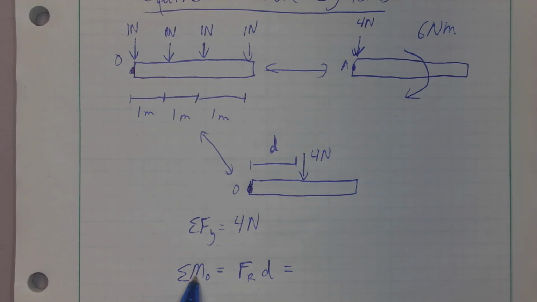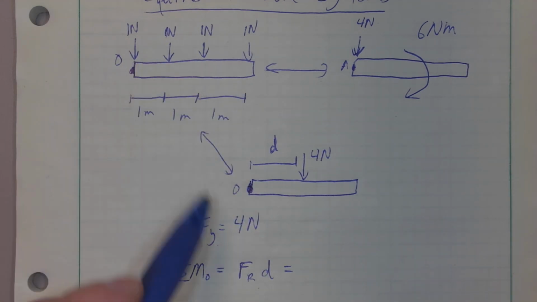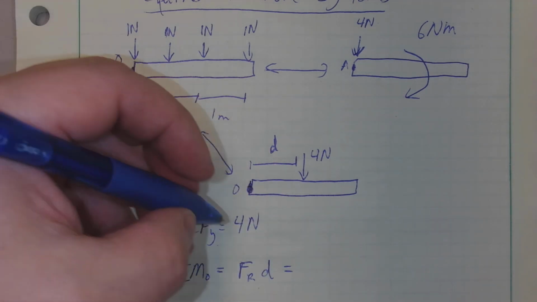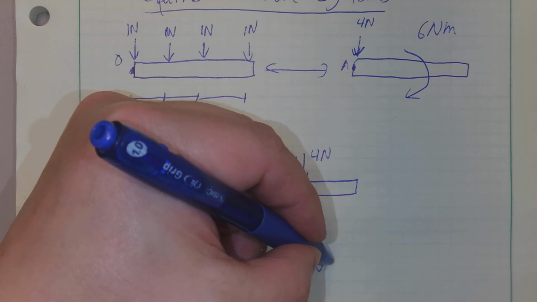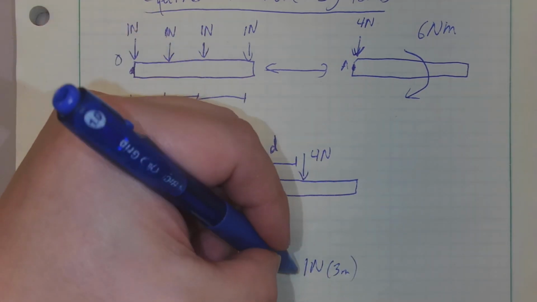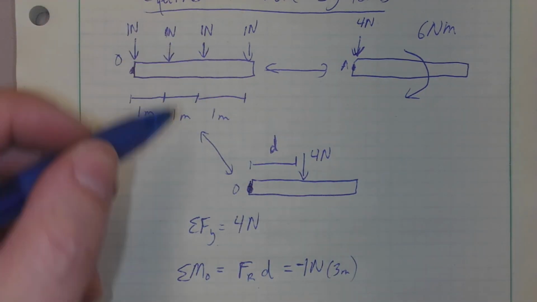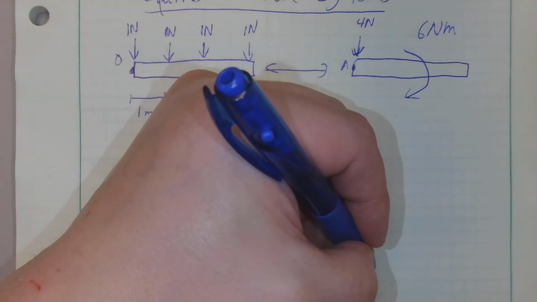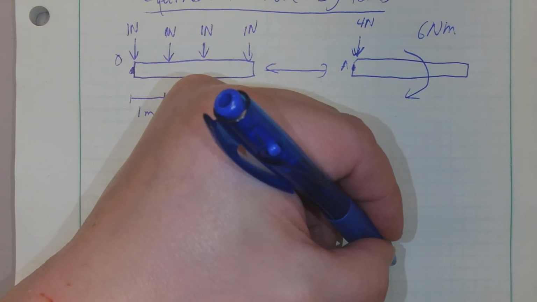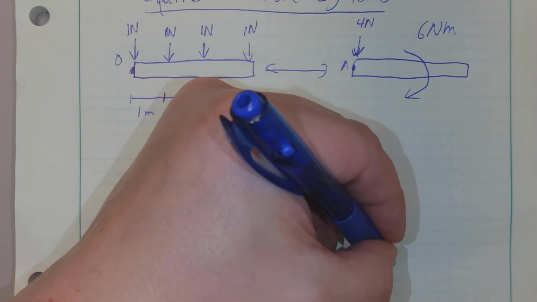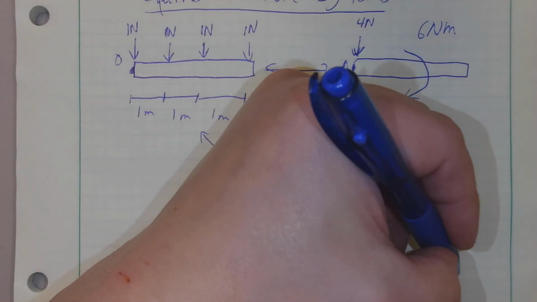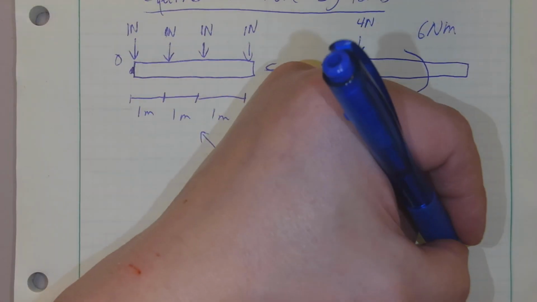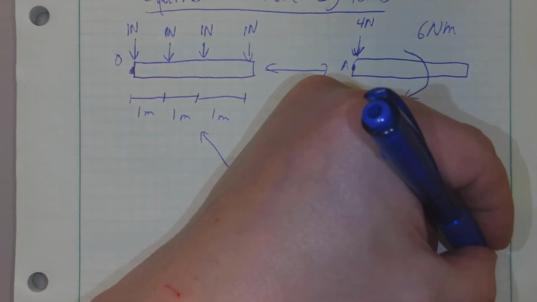And so what I would do is add up all my moments caused by this up here about point O. Well, you've got 1 Newton at 3 meters, and these are all negative because they're all clockwise, and I've got minus 1 Newton acting at 2 meters, and then I've got 1 Newton acting at 1 meter.